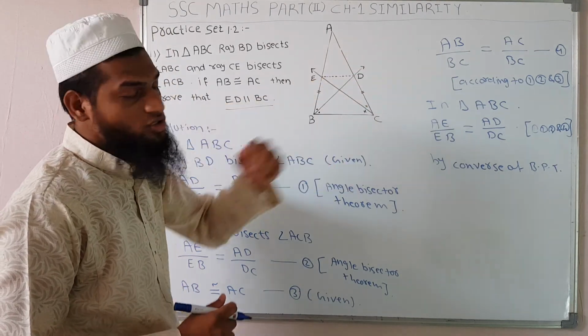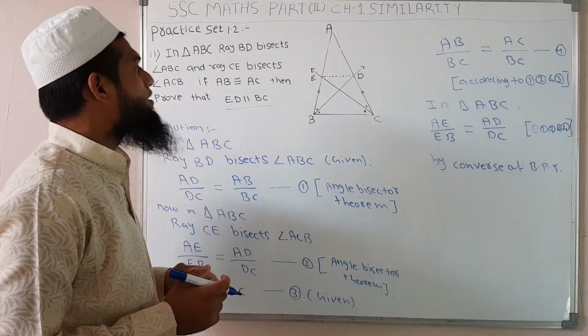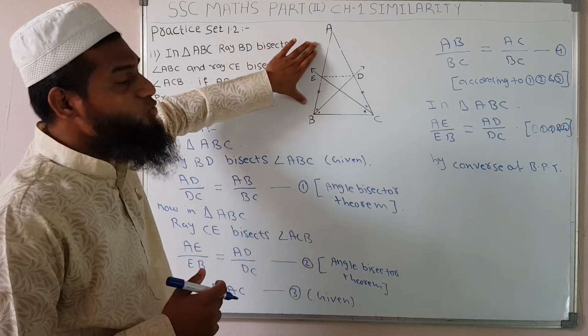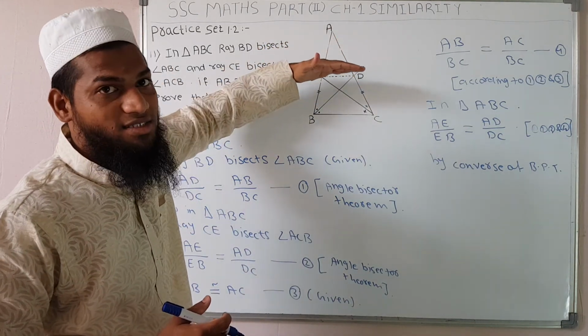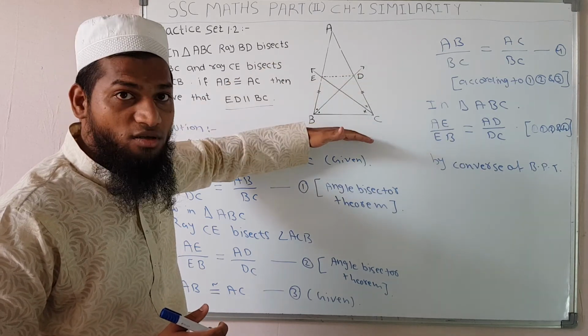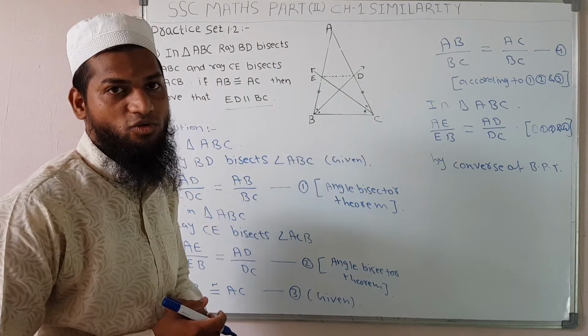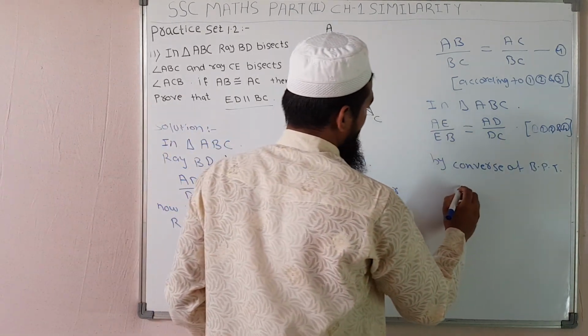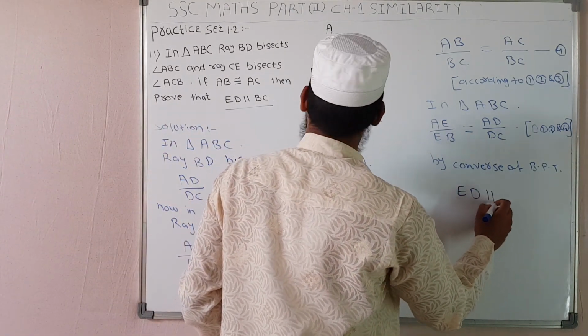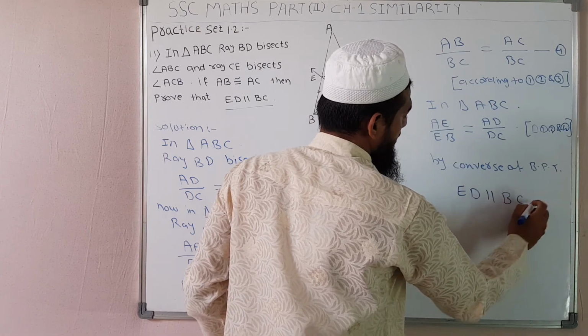So what is the converse of basic proportionality theorem? If the two sides are divided in equal proportion, then the line dividing these sides is parallel to the third side. This is our converse of basic proportionality theorem. Okay, so we can write here ED is parallel to BC. Okay, hence proved.